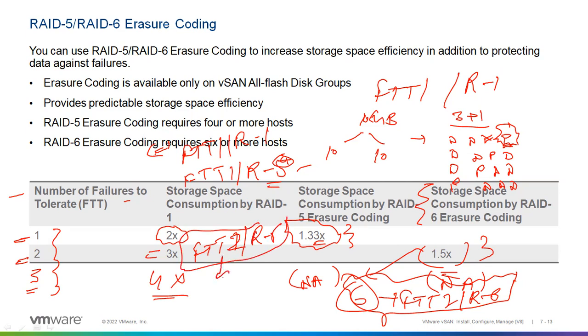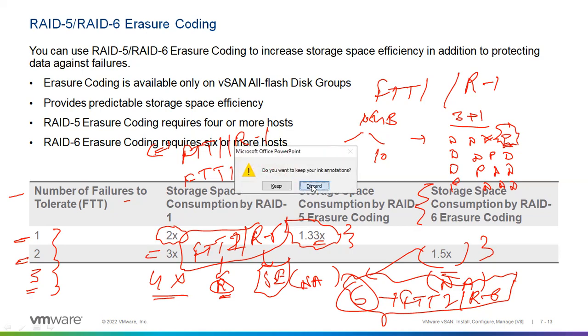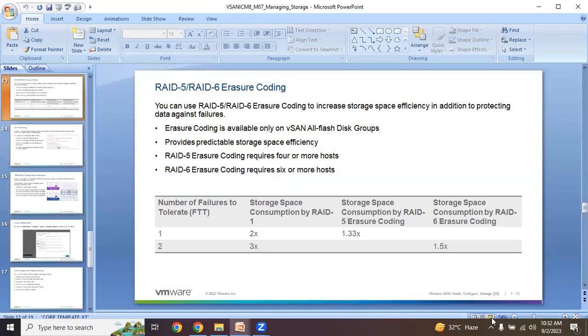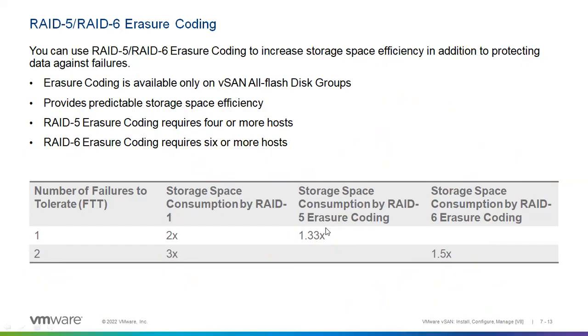Here you are getting redundancy along with storage efficiency as well, because FTT2 means it can tolerate 2 nodes failing simultaneously. So for Exchange and DB servers, the best practice says where you feel higher IOPS is required, we should go with FTT1 RAID 1.